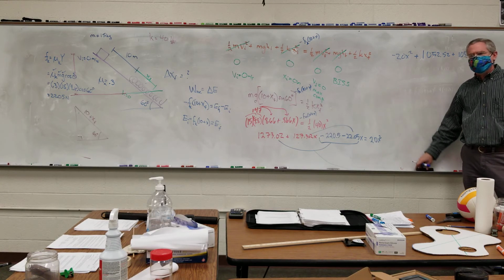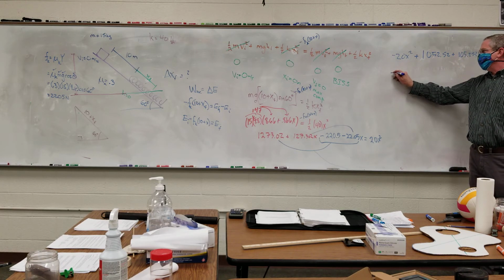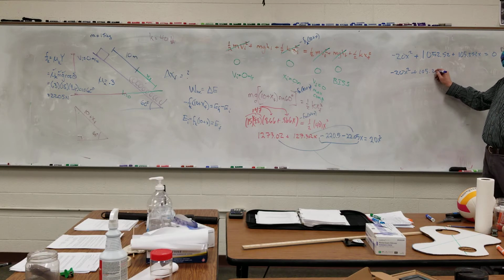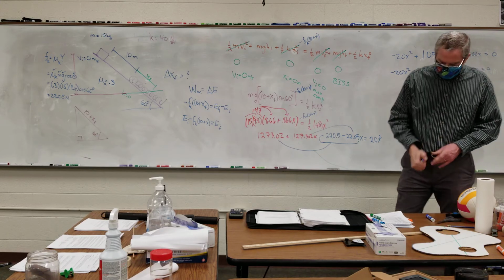This is not a wrong statement, it's just in a bizarre order. Let me put it in more traditional order. X squared plus 105.252x plus 105.252 equals 0. Now that's a more familiar form.